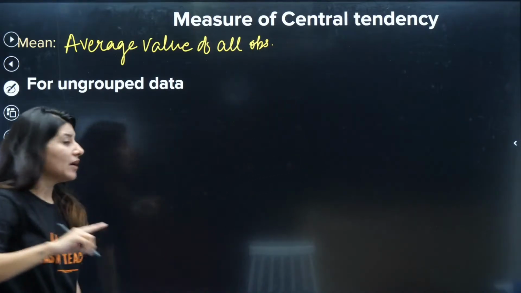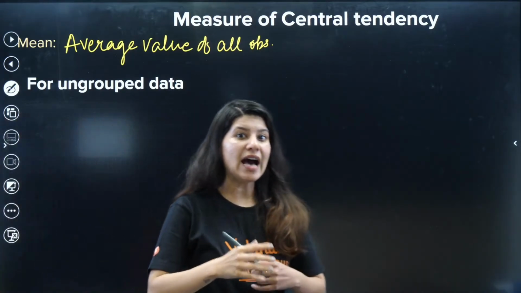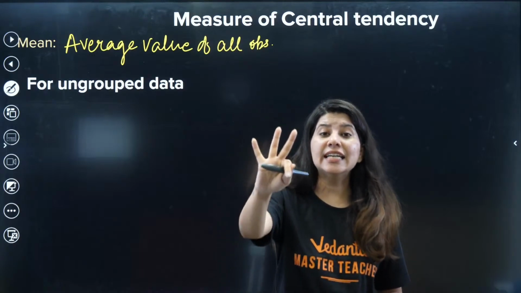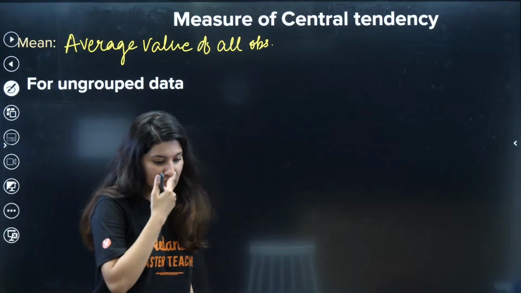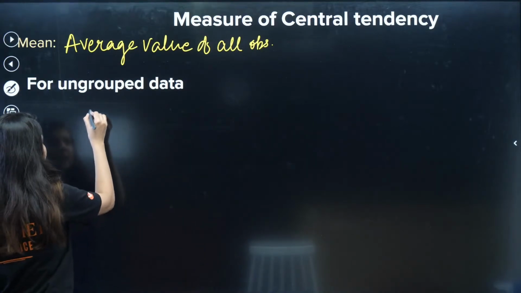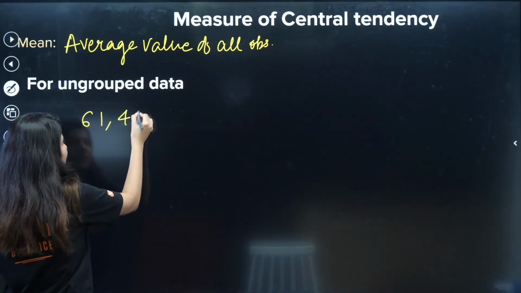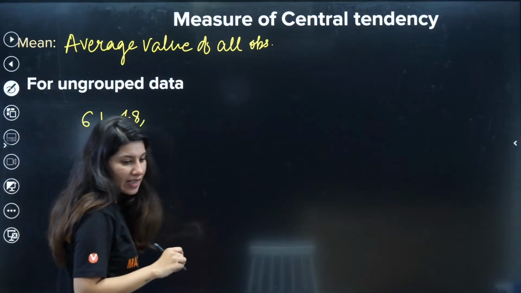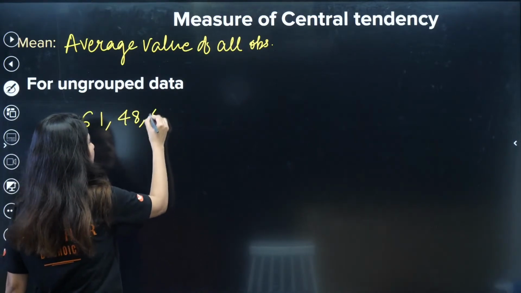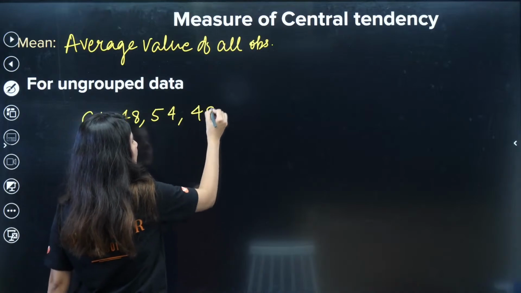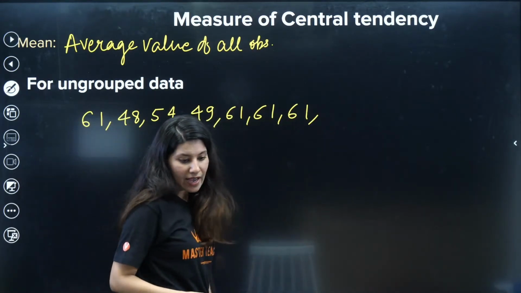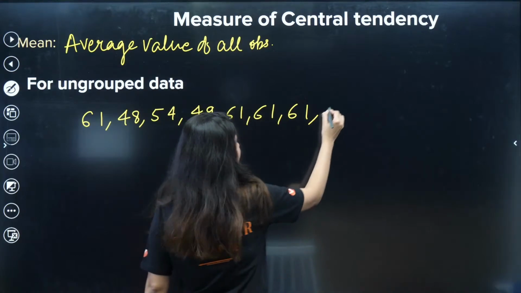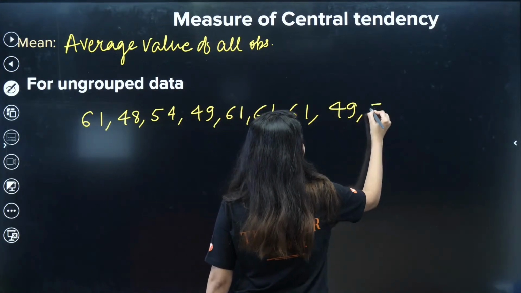Okay. Now we have to calculate mean for 3 different types of data. First is for ungrouped data. For ungrouped data, let me write the data: 61, 48, then we have 54, 49, then we have 61, 61, 61, then we have 49, 54 and 52.